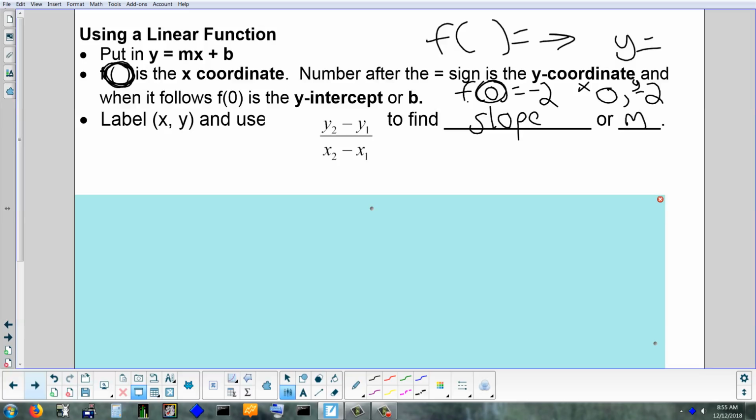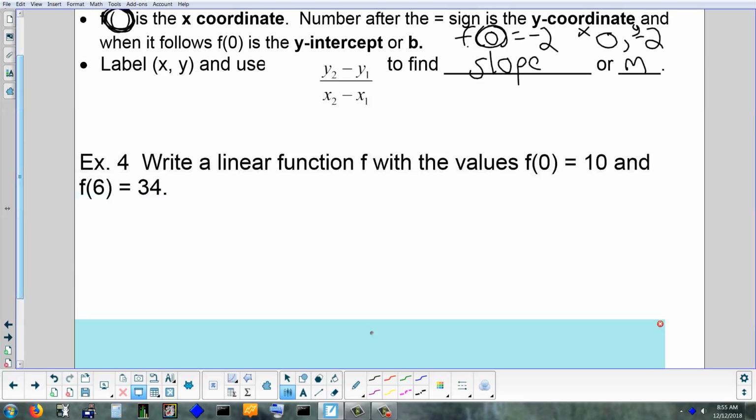This is very similar to when we give you two sets of coordinates. The only difference is they're written in function notation as opposed to coordinate notation. But in this example, we can put them in coordinate notation, label them, and do exactly what we just did.